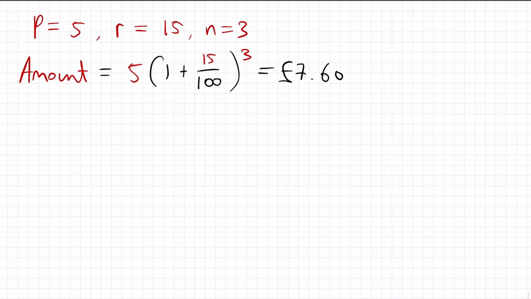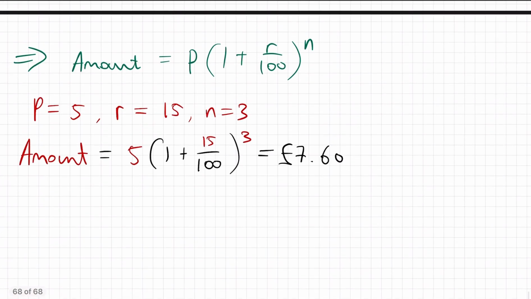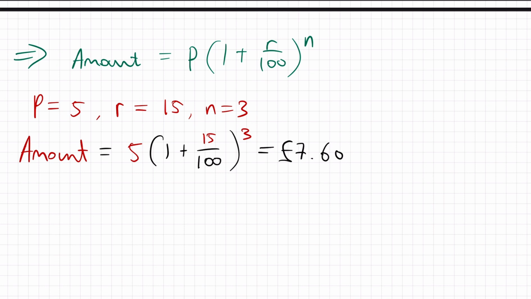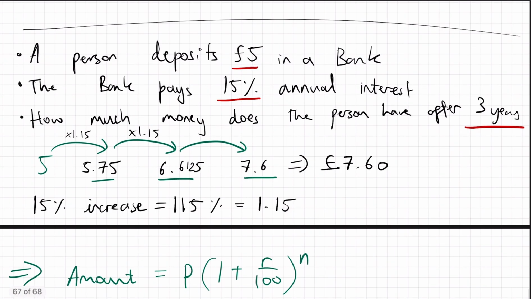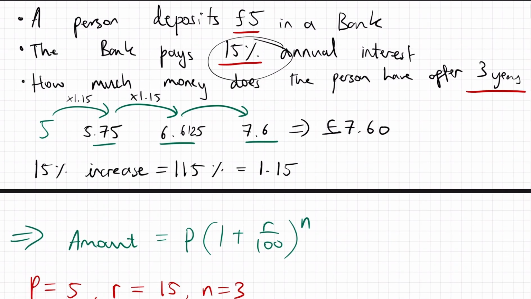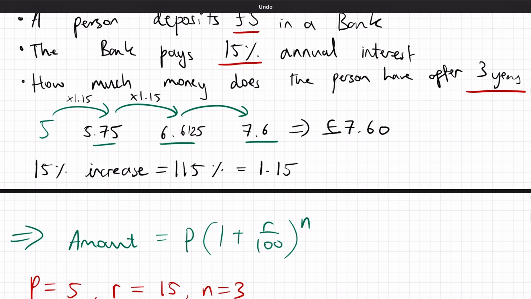Now, there's actually another way which a lot of people use, and it's basically the same, but slightly different. I actually think this way is easier. You can just do amount is equal to 5 multiplied by the decimal representation of this percentage. In our case, a 15% increase is the same as times by 1.15.